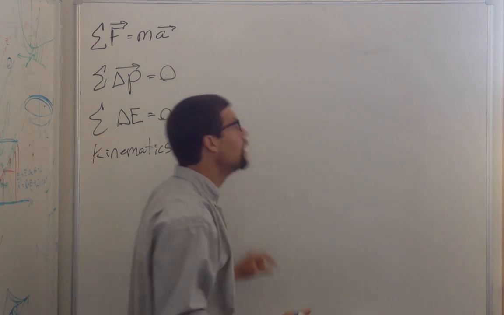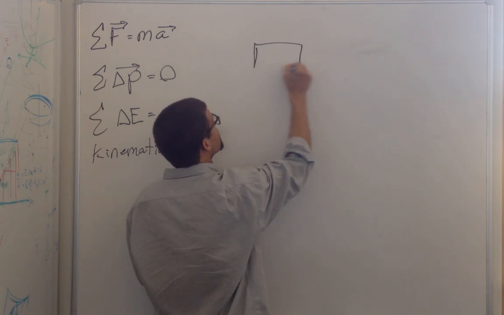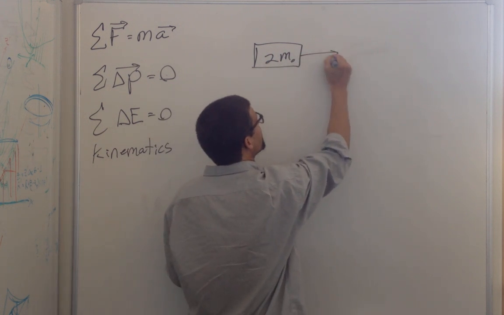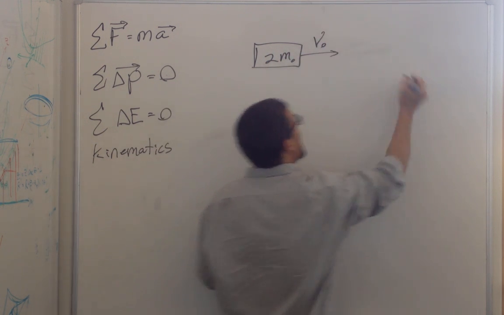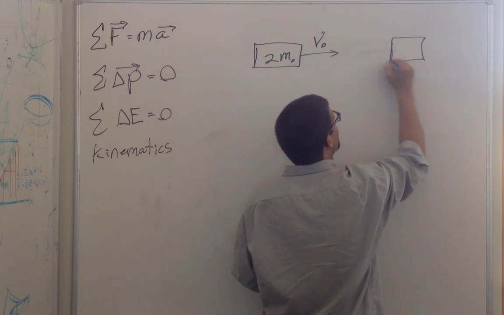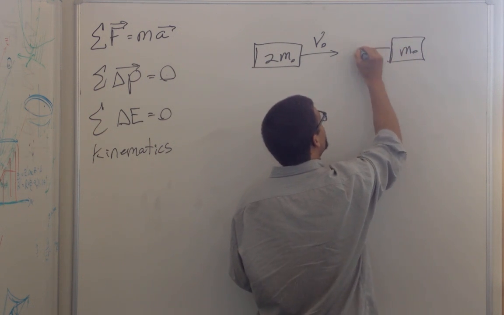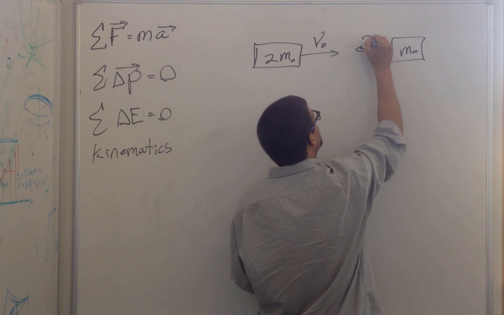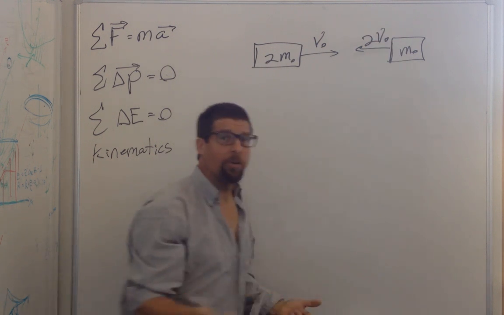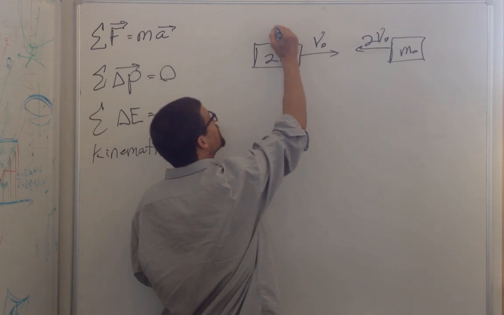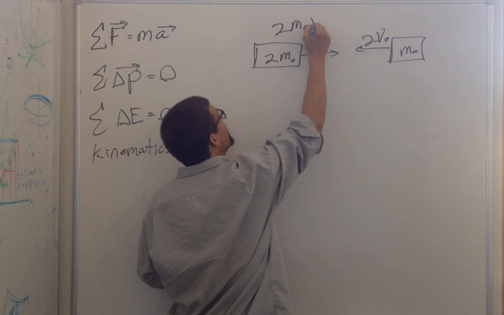So for momentum, remember when I had a mass of 2m0 moving at a velocity of v0, and it collided with a mass of m0 moving with a velocity of 2v0. We calculated the momentum, and this one was 2m0 v0.